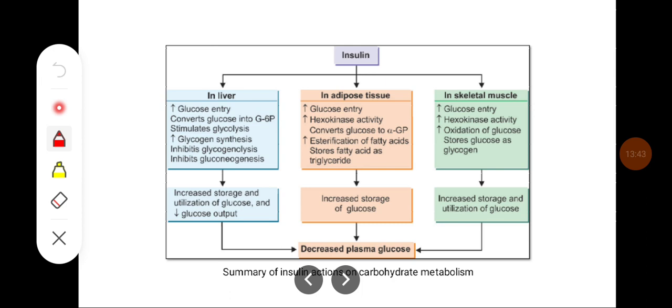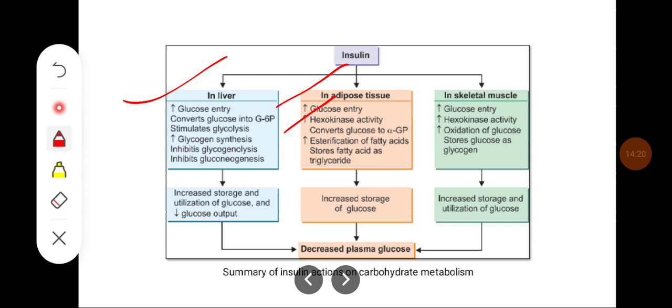So this is the flow chart showing its action on carbohydrate metabolism. In the liver, it increases the glucose entry, converts glucose into glucose 6 phosphate, stimulates glycolysis. It increases glycogen synthesis by inhibiting glycogenolysis and inhibiting gluconeogenesis. In adipose tissue, it increases the glucose entry, it increases the hexokinase activity, converts glucose to alpha glycerophosphate.